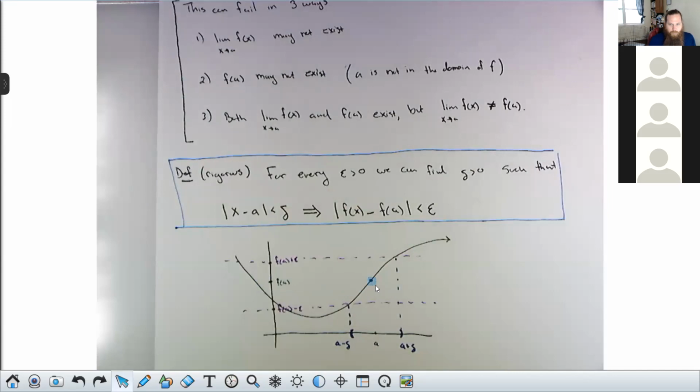So whereas before this point could be open and the definition would still be satisfied, now that point needs to be closed, needs to be filled in. And we're saying as this epsilon window shrinks, the delta window shrinks with it. So no matter how small the epsilon window is, I can find some corresponding delta window that will keep my y value within that epsilon window. That's really it.